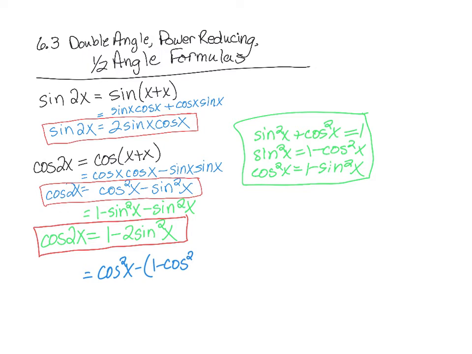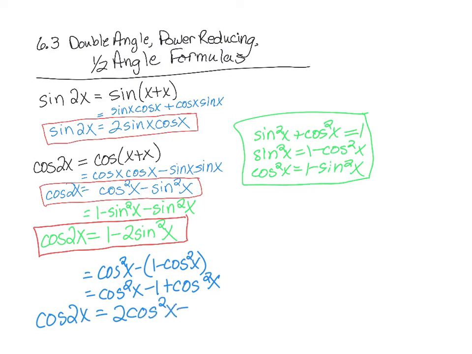That's replacing the sine squared from above. Distributing the minus, and I get the third form, which is twice the cosine squared minus 1.